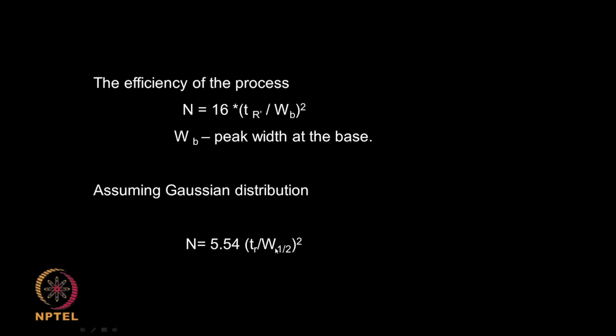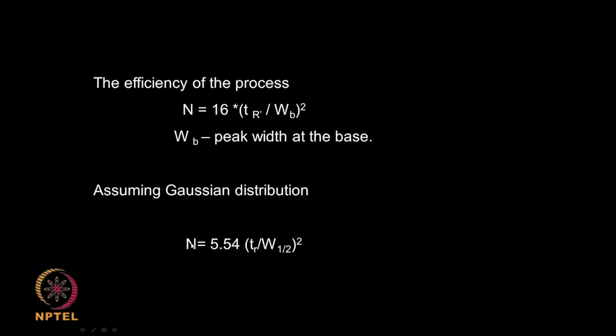Okay. So, all I have to do is inject a sample into my column, and then see when it gets eluted out, that is the retention time, and I determine the width at half the height or width at the base of the peak, and then I use one of these formulas to calculate n.